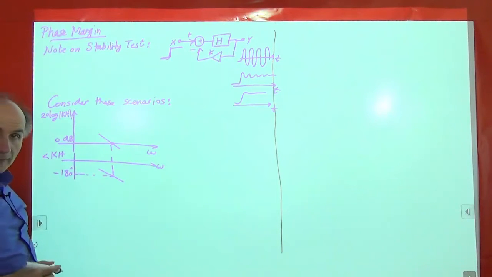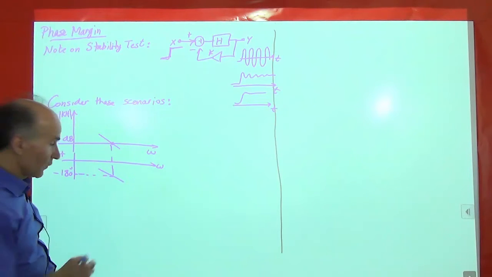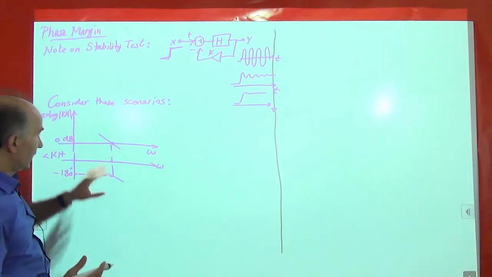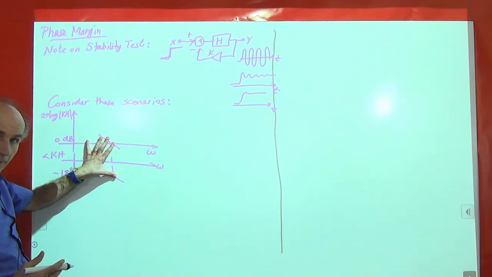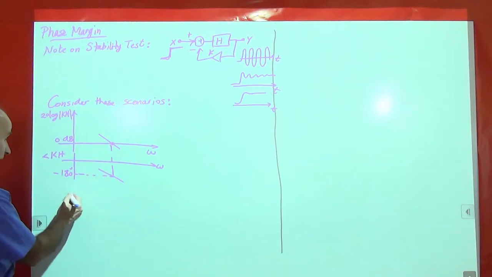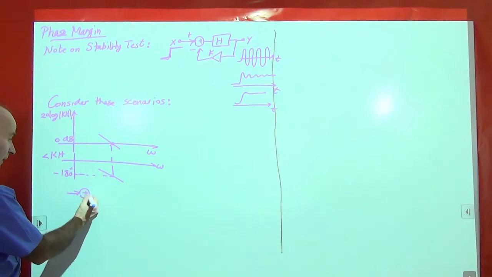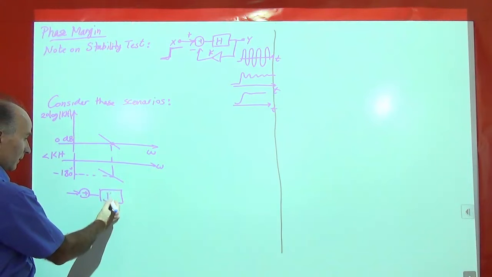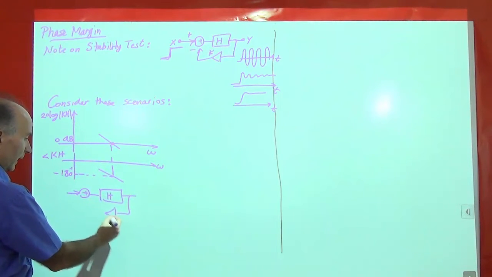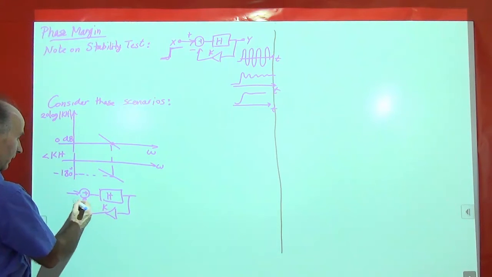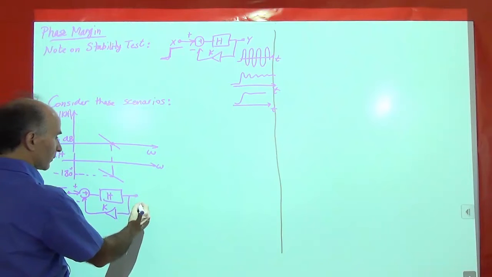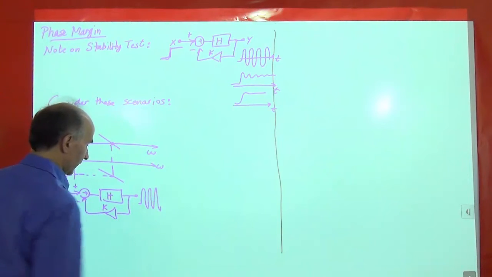The system is unstable. So if I build a system like this, I buy an amplifier, that amplifier has this type of characteristic, and then I put it in the negative feedback system, that negative feedback system will be unstable. So I place this amplifier right here, apply some K, and now if I give a step here, what do I see? The output will go up and down, it will oscillate.